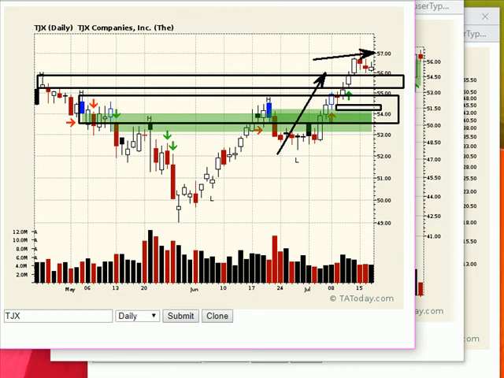You almost want to see it hold this. I guess I would force it to hold this before I even bought it. But the problem is, where do you trade it back to? If it forms and fires, right?